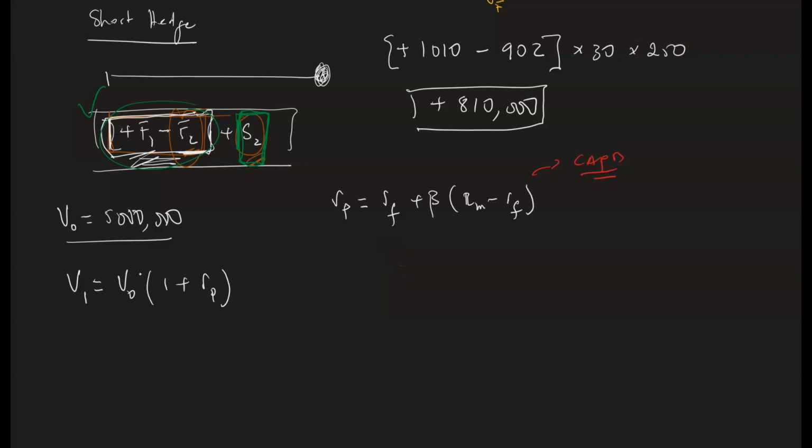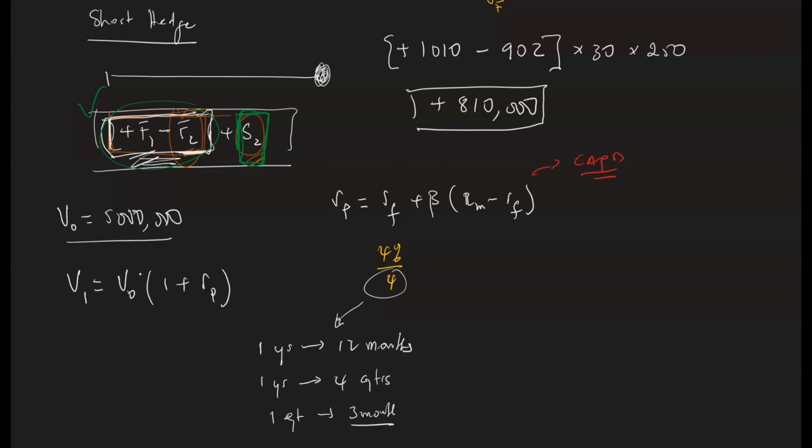To this, we're going to add the beta. Actually, let me use a different color here. So it's going to be 4% divided by 4. And we're dividing by 4 here because in 1 year, we have 12 months, and in 1 year, we have 4 quarters. 1 quarter is 3 months.